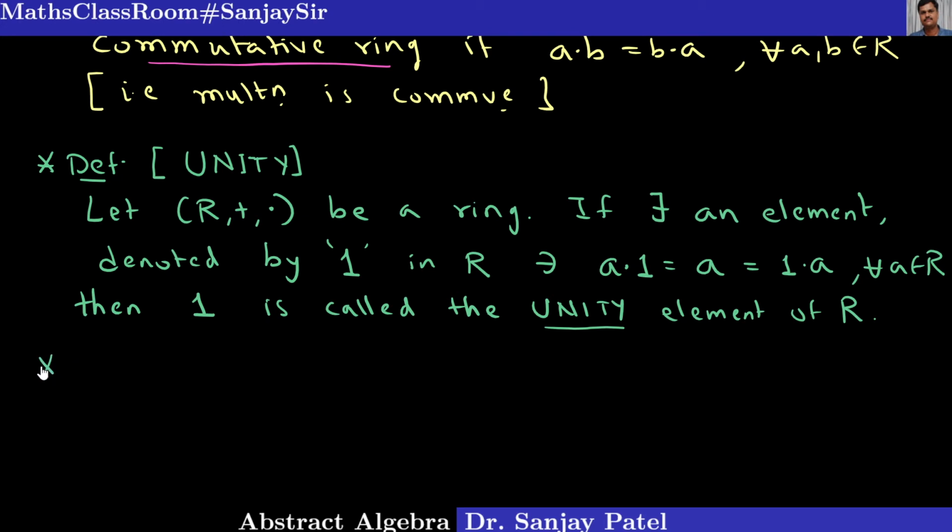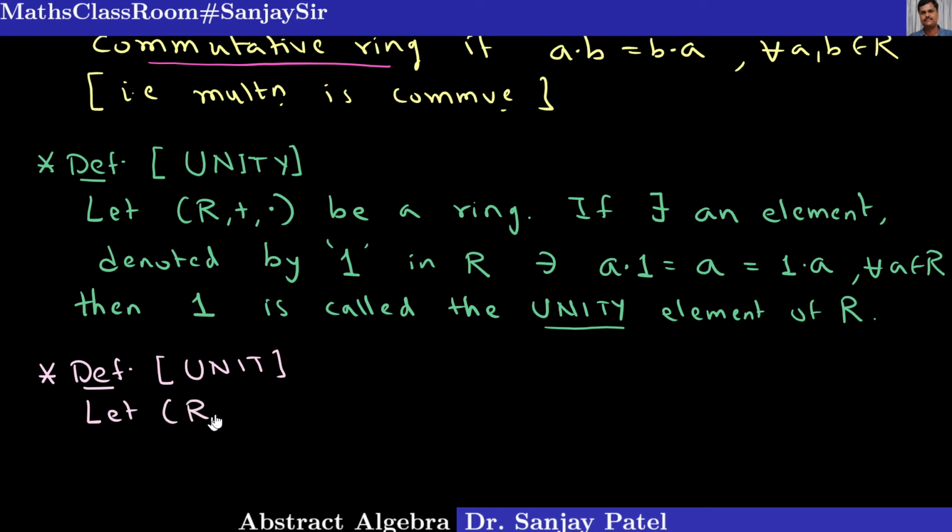Okay, so this is another important thing about ring definitions. The next thing I want to consider is the definition of an element in a ring which has an inverse, a multiplicative inverse. So the next thing is known as unit. Remember, unit and unity are different things. That's why I'm taking both the things simultaneously.